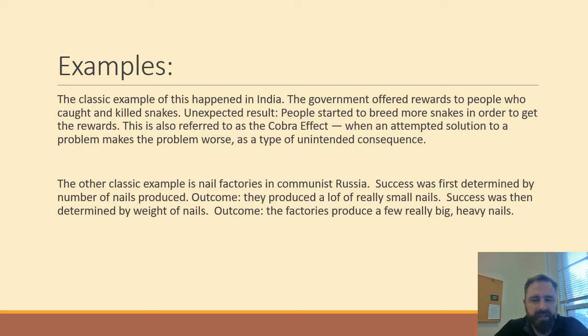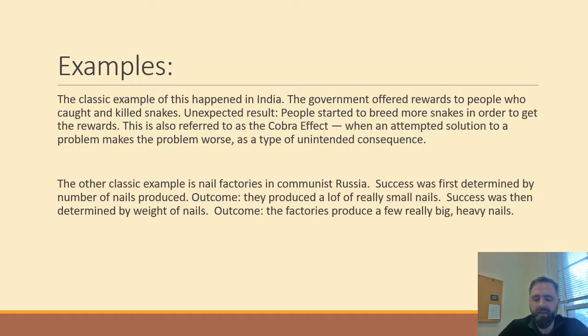The first metric was determined by the number of nails produced, and so what happened was the factories produced tons of really, really small nails that weren't useful. So then they changed the metric to success based on the weight of the nails, and so the factories then began producing gigantic, heavy nails.